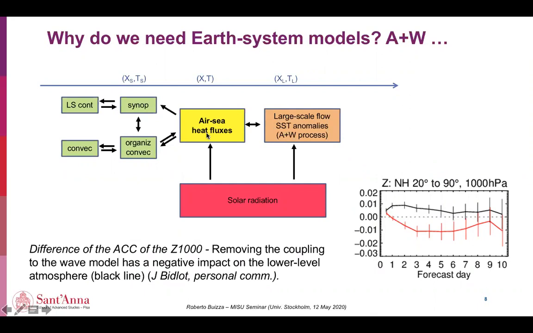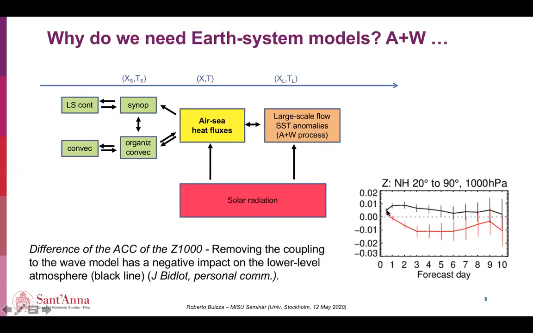So here we're talking about air-sea fluxes. Having a coupled wave model helps simulate in a better way the air-sea interaction, fluxes of heat and momentum. And we can see it if you compare the scores of different forecasts run with or without the inclusion of a wave model.